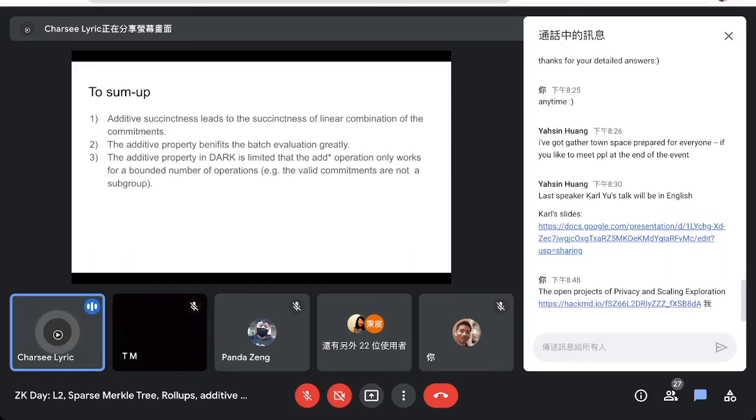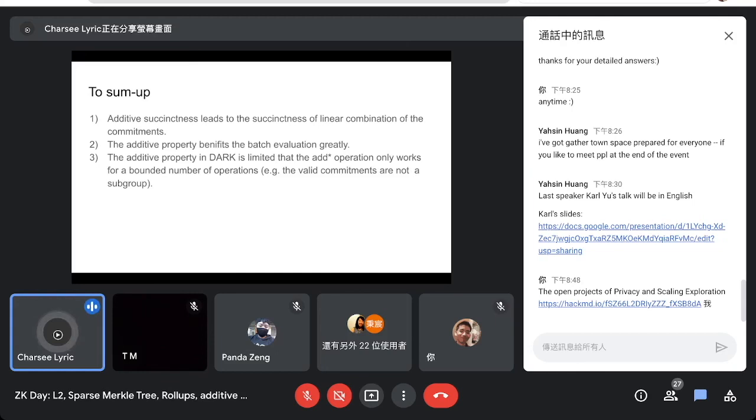To sum up, the additivity of the polynomial commitment scheme is very useful, because we can evaluate the proofs and commitments efficiently.